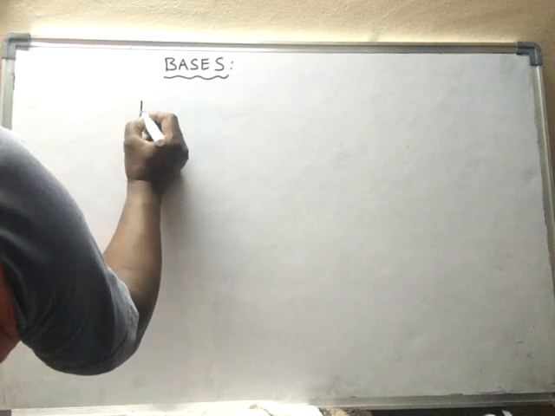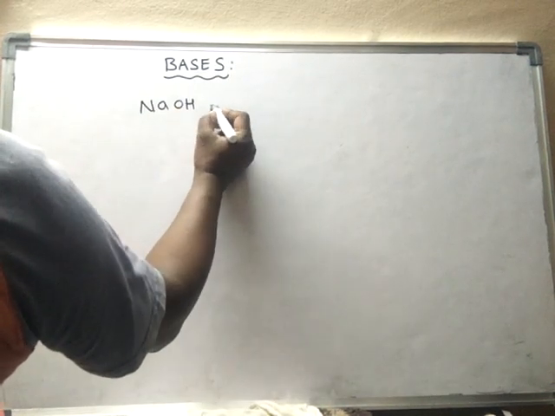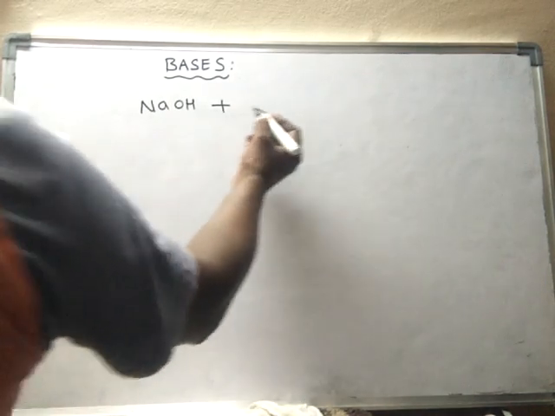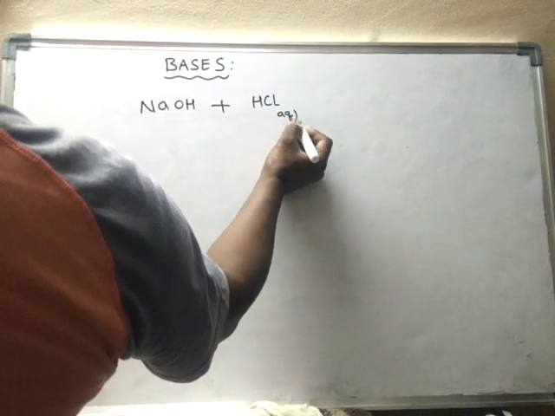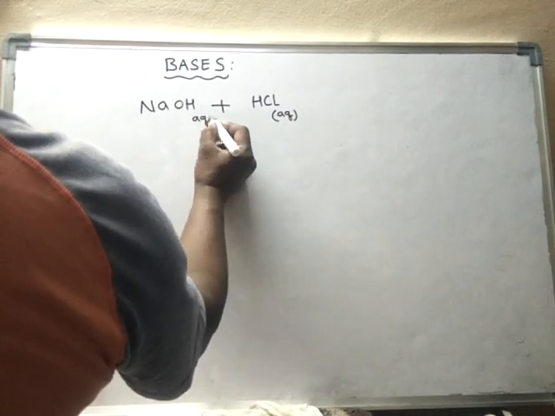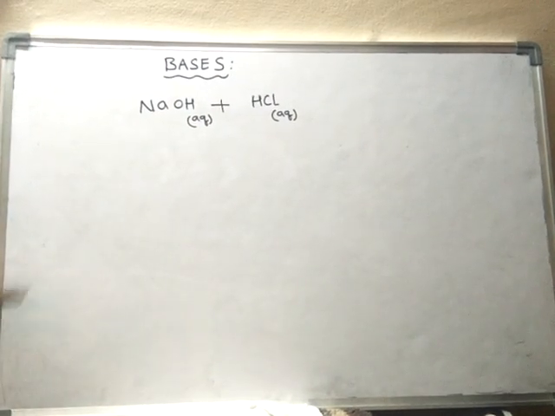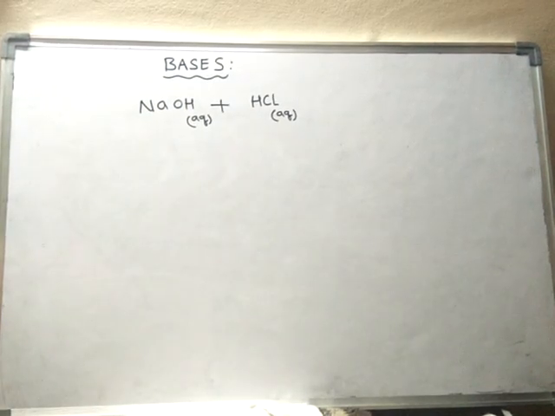For example, take NaOH. When it is reacted with HCl, we have to take aqueous solutions. Generally an aqueous solution of base and an aqueous solution of acid we have to take.